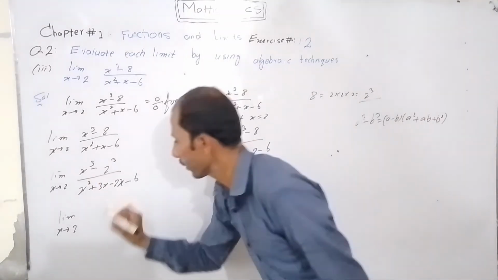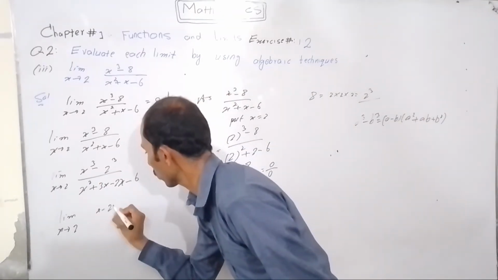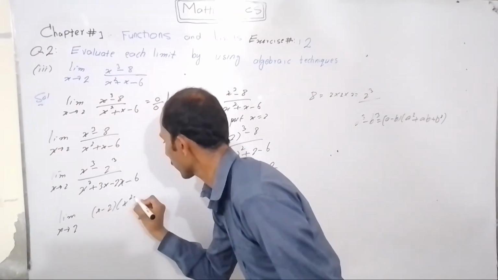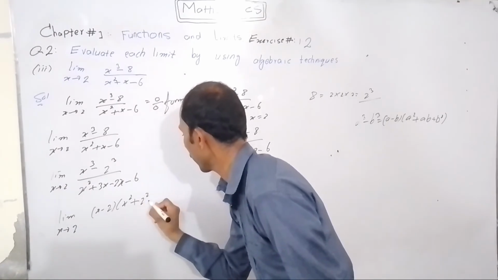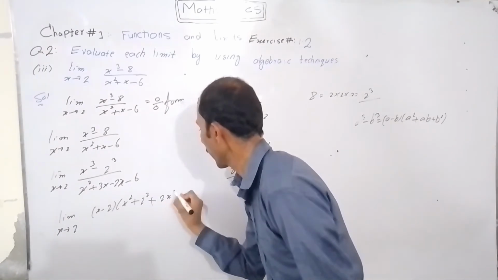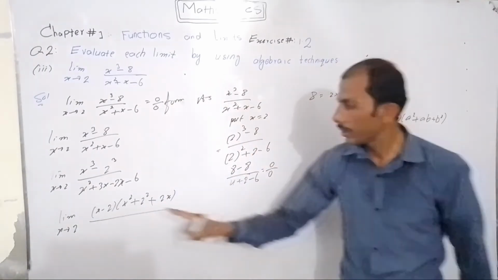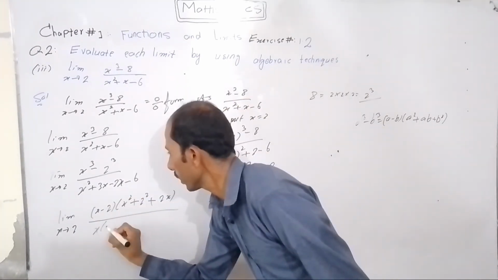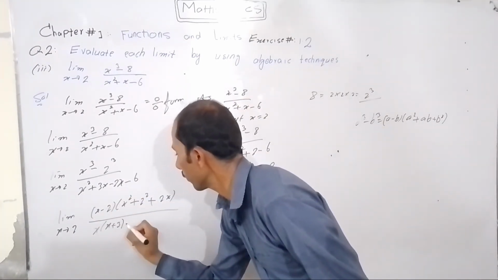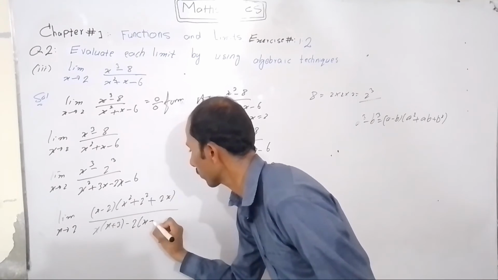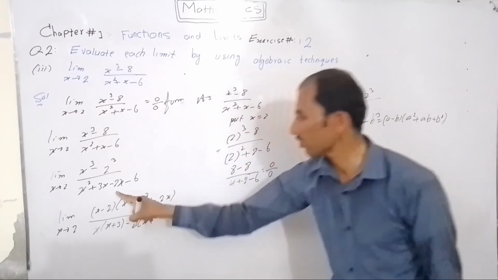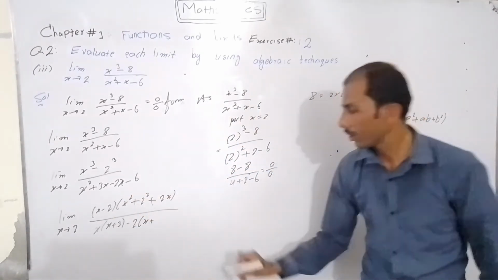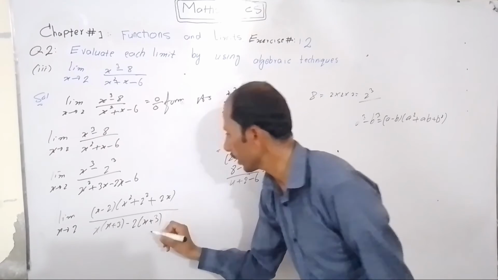So we can write (x minus 2) into (x square plus 2 square plus 2x), divided by, taking common x, x into (x plus 3) minus 2 common (x plus 3).